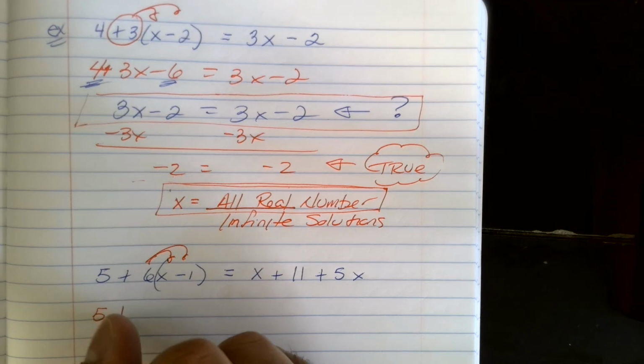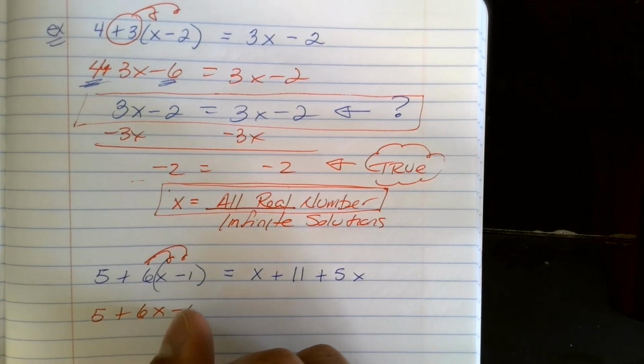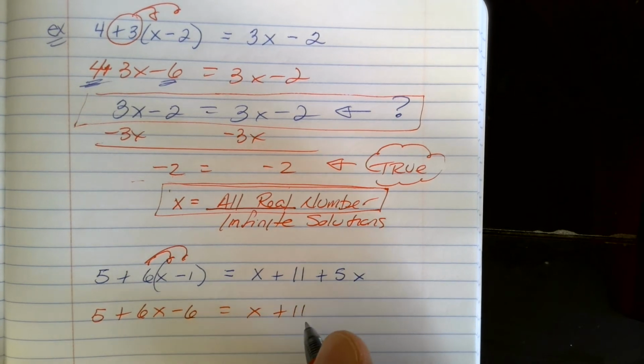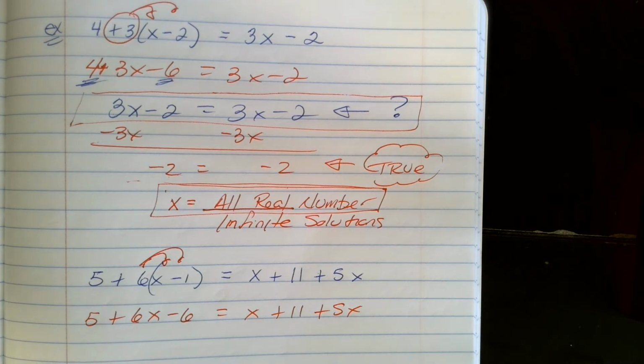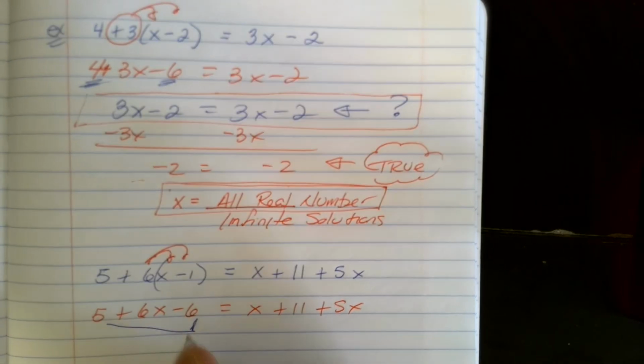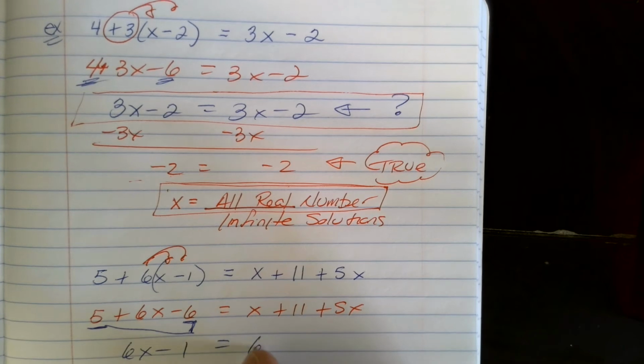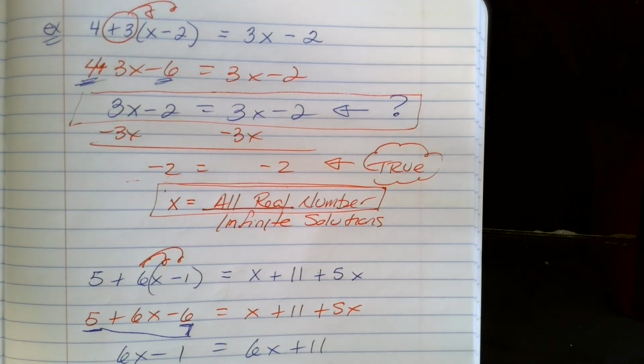So I'm going to have 5 plus 6x minus 6 is equal to x plus 11 plus 5x. Now I can combine my like terms. So I have 5 and negative 6. So I'll have 6x minus 1 is equal to 6x plus 11.